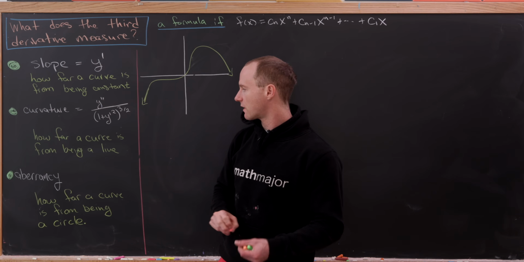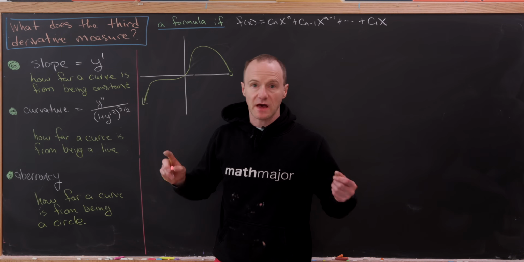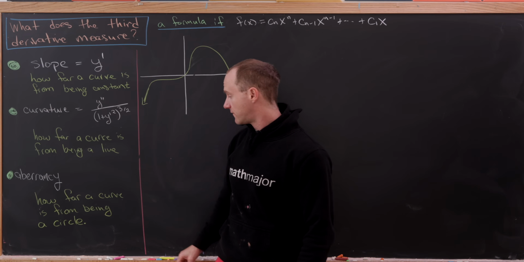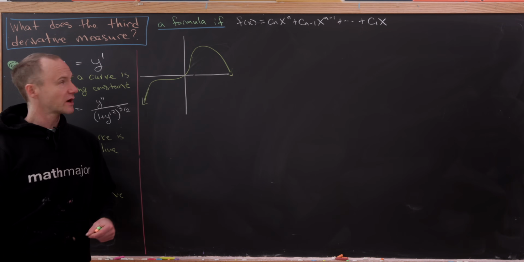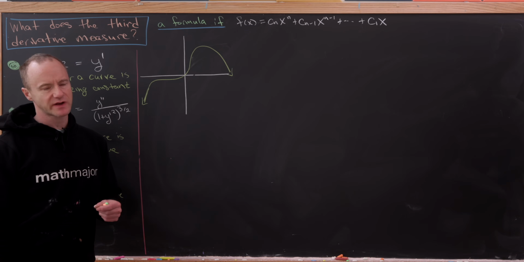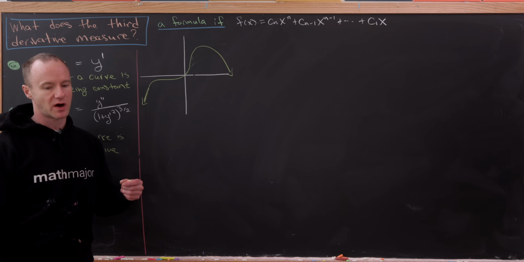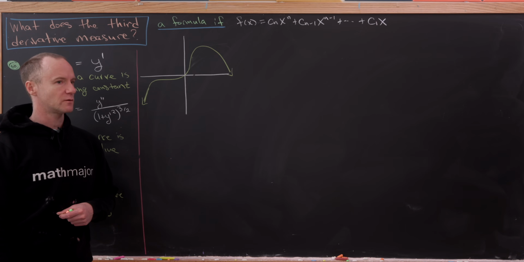So like we ended on the last board, we see that the aberrancy seems to be how far a curve is from being a circle. Now we're going to come up with a formula for this in the special case that our function is a polynomial. And well, how far is this from being something general?